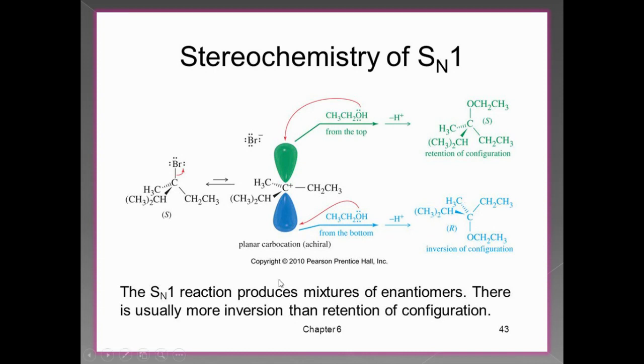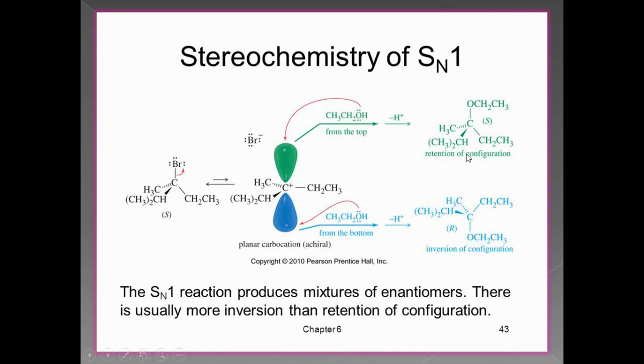So the SN1 reaction produces a mixture of enantiomers, and there is usually more inversion than retention of configuration. Here a mixture of products will be formed, this is one enantiomer, this is another enantiomer, and when it is exactly 50-50% of the R and S configuration, this is called a racemic mixture.